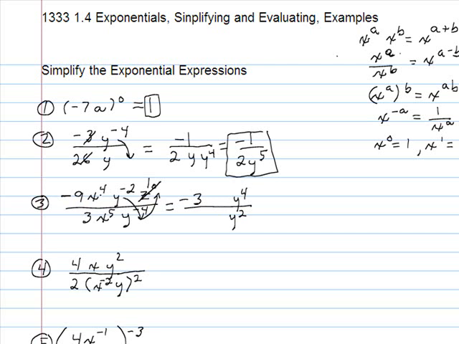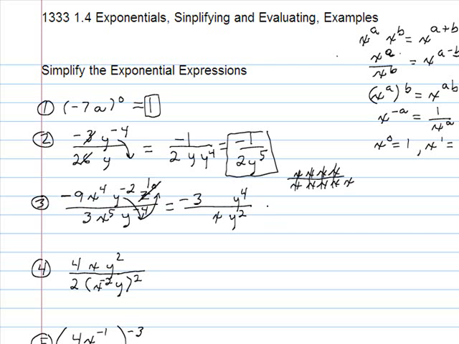Well, think about this. x to the 4th over x to the 5th. That means x, 4 times, over x, 5 times. And the 4 on the top cancel with 4 on the bottom, leaving 1 x on the bottom.